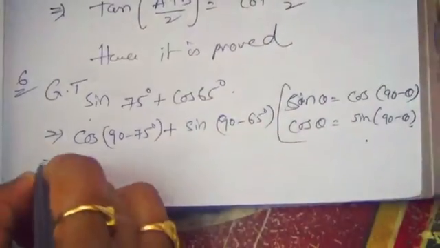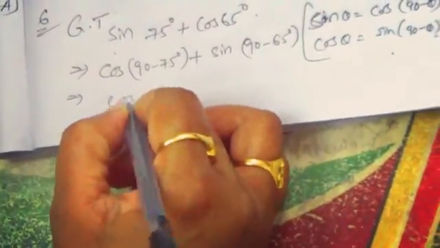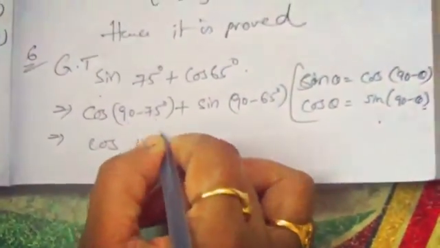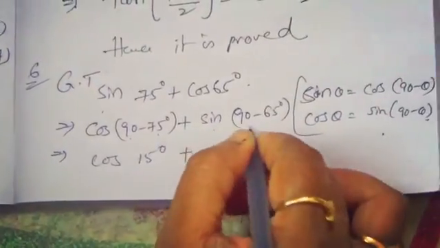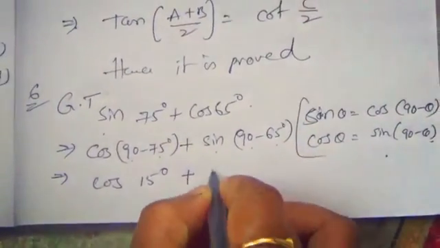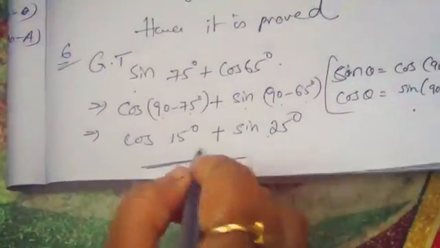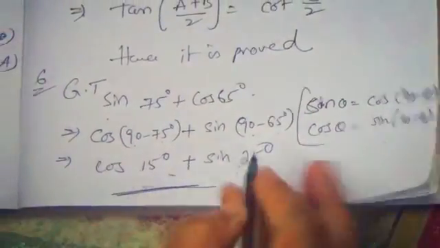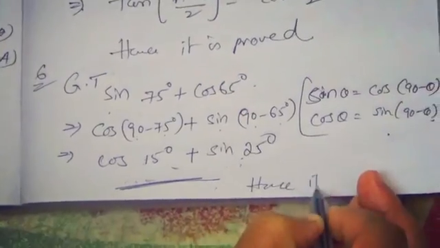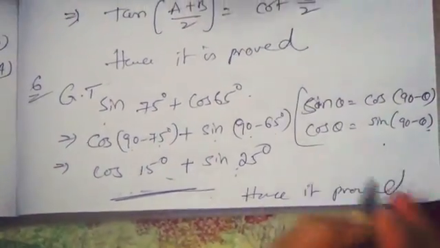Then you will get cos 15 degrees plus sin 25 degrees. So these angles are between 0 and 45. Hence it is proved. That's it. We finished this example 11.3, all the sums.